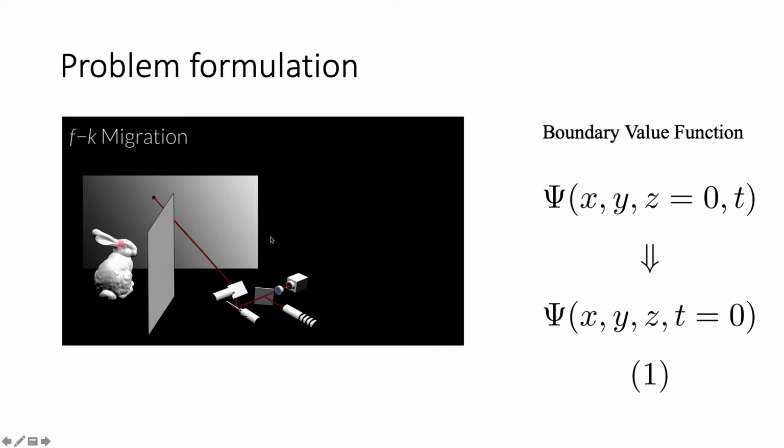Reconstructing the geometry of the hidden volume corresponds to finding the value of the wavefront at time t equals 0. This is a boundary value problem, which requires us to migrate the field from one boundary at the wall, z equals 0, to another in time, t equals 0.